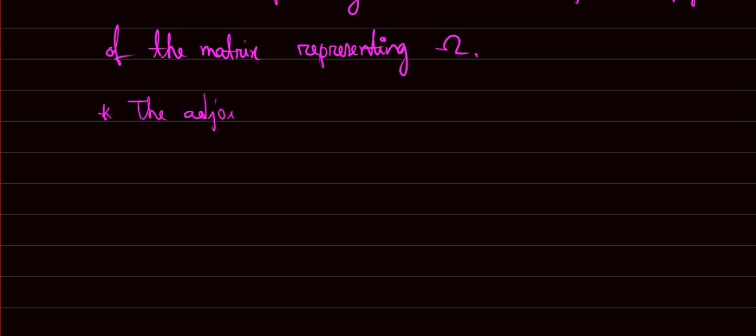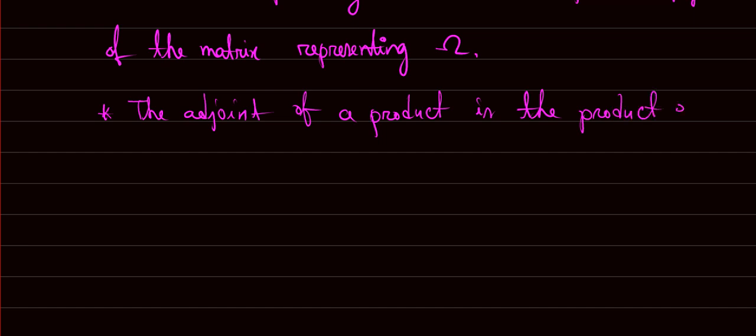The adjoint of a product is the product of the adjoints in reverse.